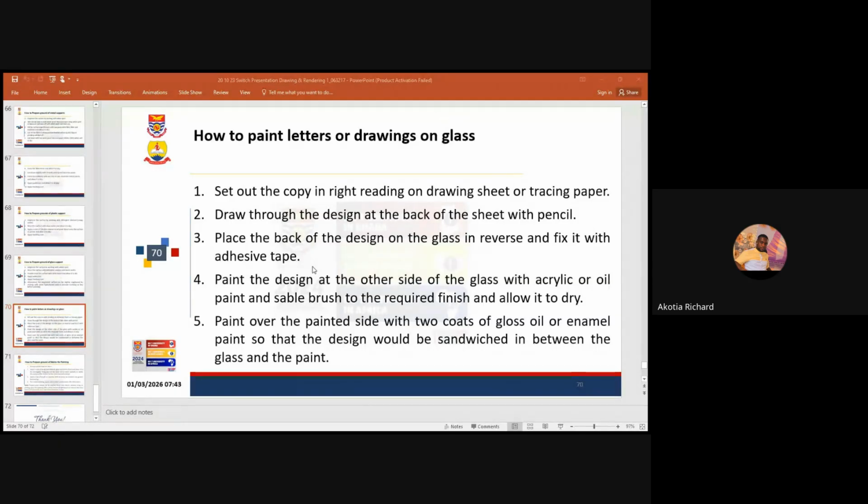Draw through the design at the back of the sheets with the pencil.